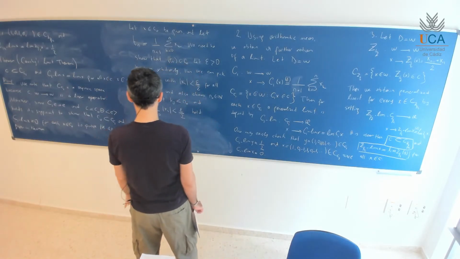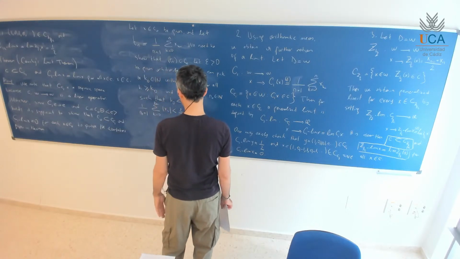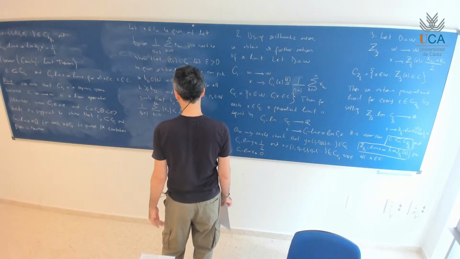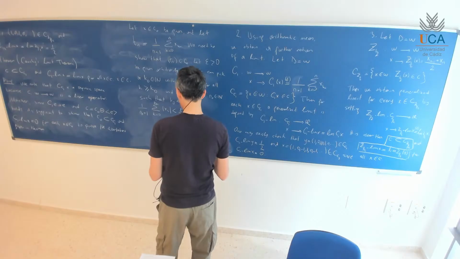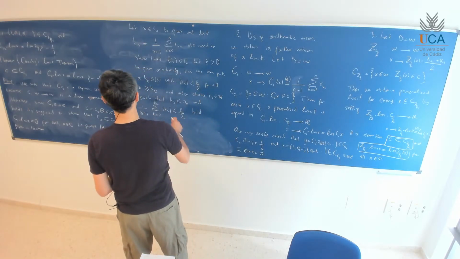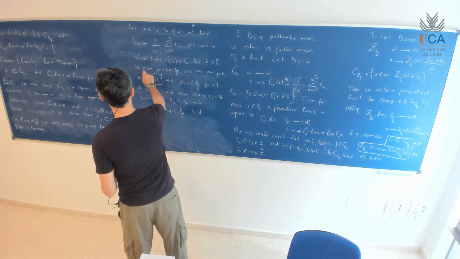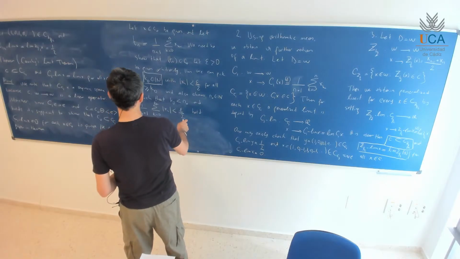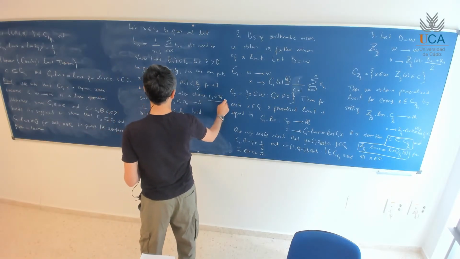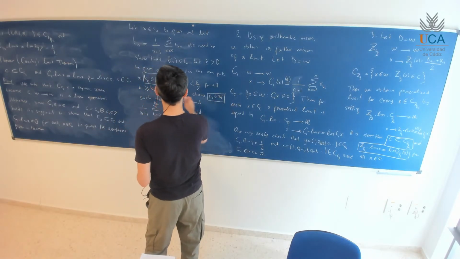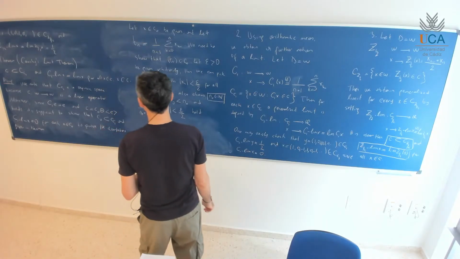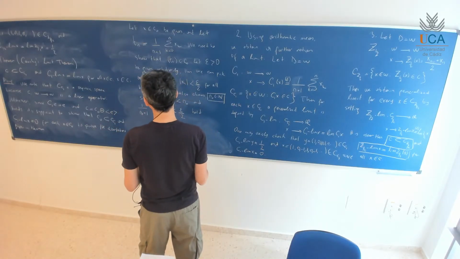It is clear that we can find such numbers for each epsilon. These two numbers, k naught and n naught, are crucial in the core of this proof.